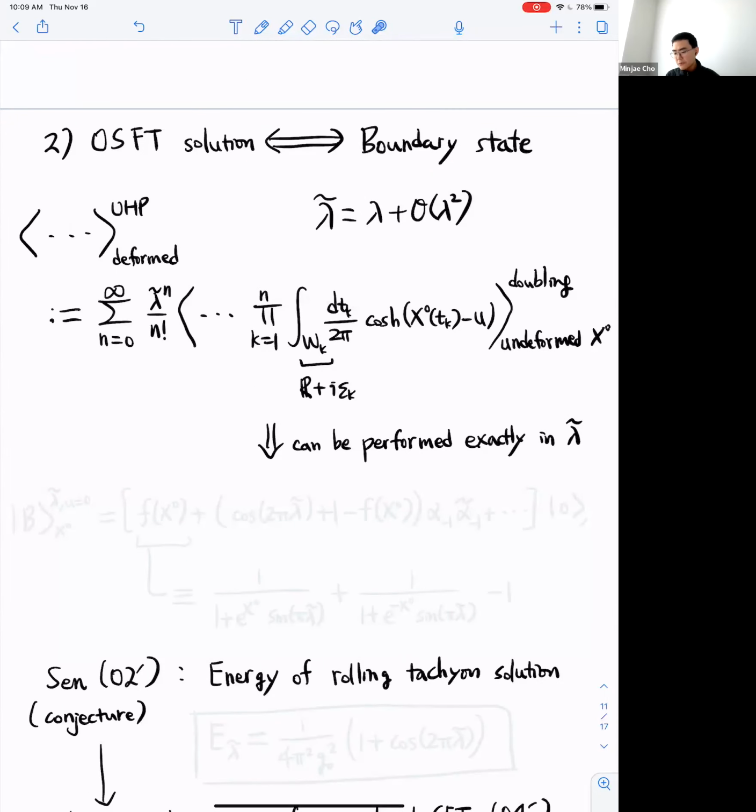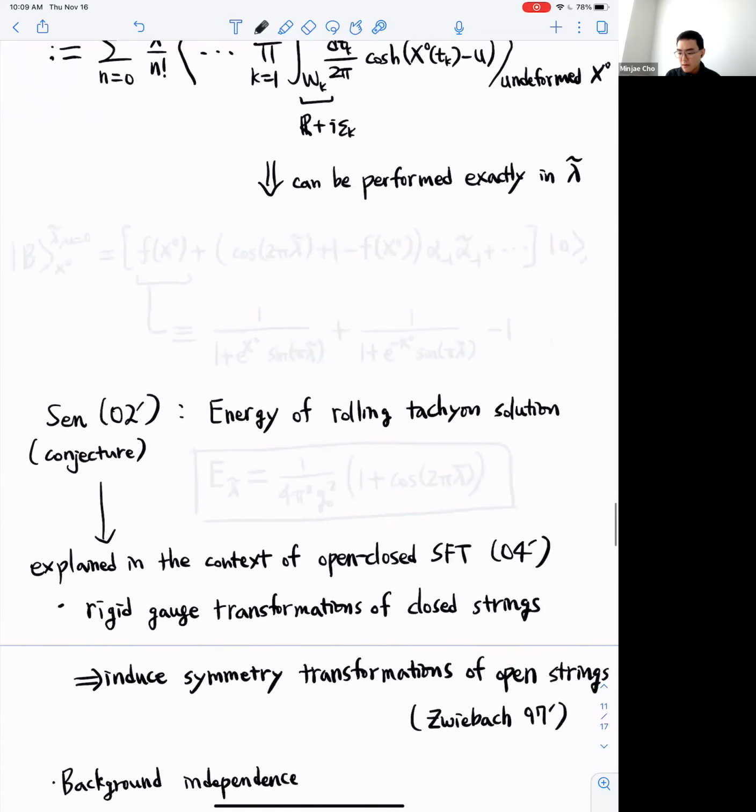But the upshot is the following. This conformal perturbation theory can actually be performed exactly in lambda tilde. And that is how people came up with the exact boundary state description. So let me write it down, only for the case of u equals 0.